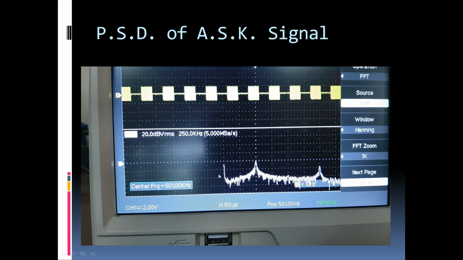And why do we observe the DC content in this modulated signal? It is because our data signal can be considered as a rectangular signal, and if we try to find the Fourier series for a rectangular signal, then we'll see that there is a constant in the expression, and then there will be the fundamental frequency of the signal, and then there will be harmonics of the same.